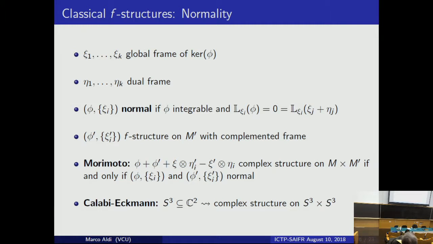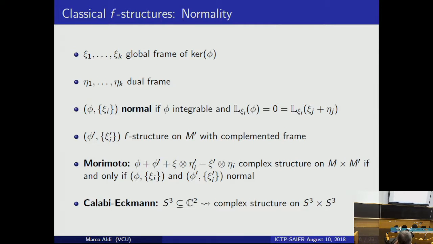And there is a classical theorem of Morimoto that says that under these conditions, you can construct an ordinary complex structure on the product of M and M prime by taking the sum of the F structures on the two sides, and then that, since there is a kernel, doesn't give you an almost complex structure, so you have to add something, and having a frame allows you to do that.